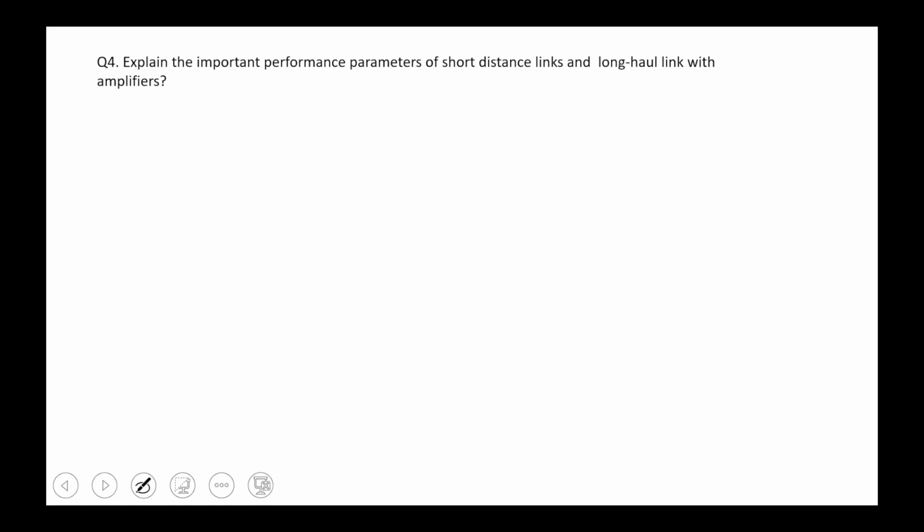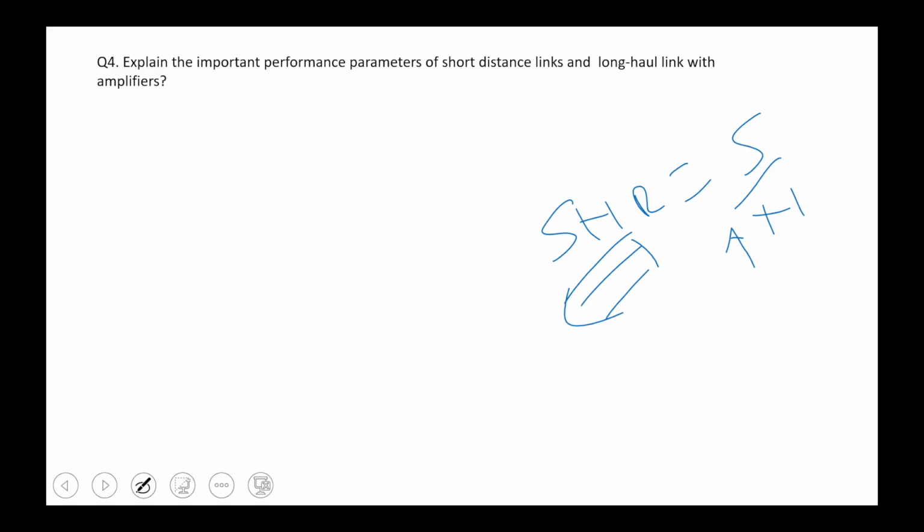Sir, you said SNR equal to signal power to noise power. If it improves, how much will the SNR change? Anyone from the class? 1:2 ratio, sir. Yeah.